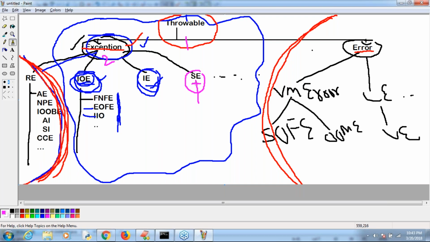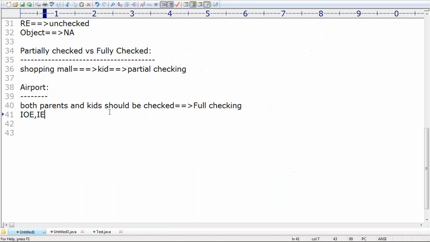There are no other partially checked exceptions. Remember, it's a very important terminology, right? Now I hope you are in a position to understand what is checked, what is unchecked, what is partially checked, and what is fully checked exceptions, right? Clear? Are you able to understand?